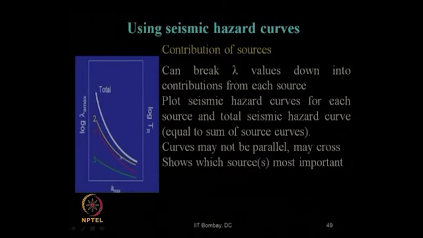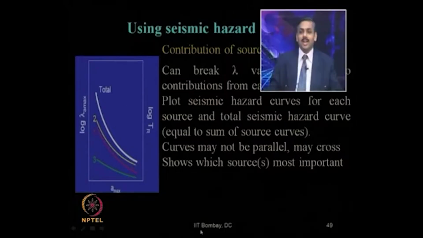The curves need not be parallel, quite obvious, they may cross each other. It shows which source is most important. That is, if one crisscrosses another, obviously that will show the significance or importance of that particular source compared to the other sources. Clear?